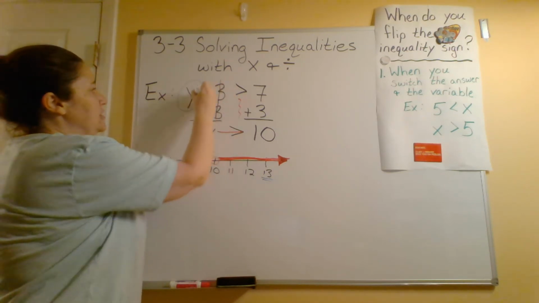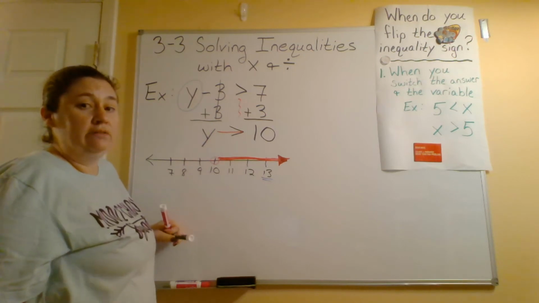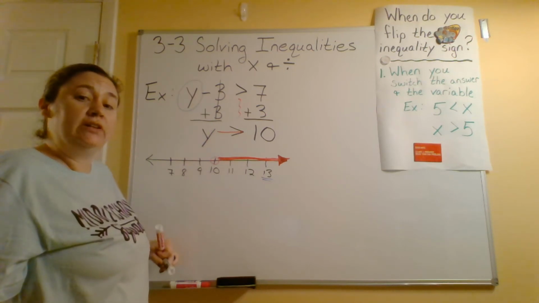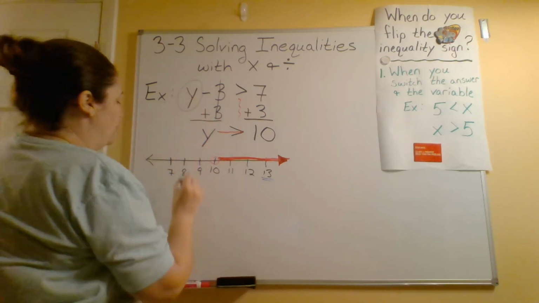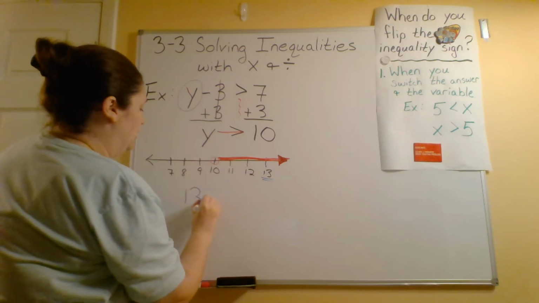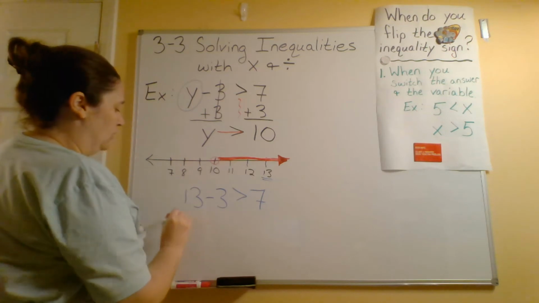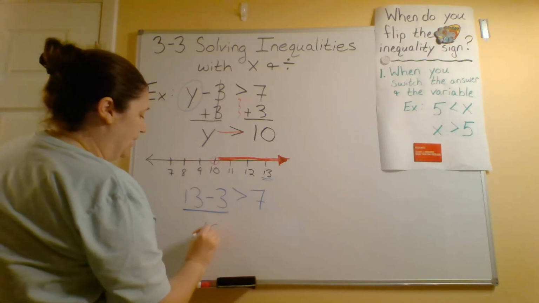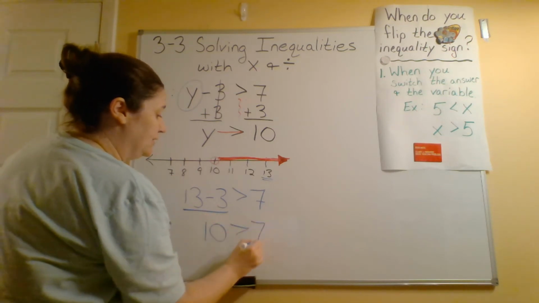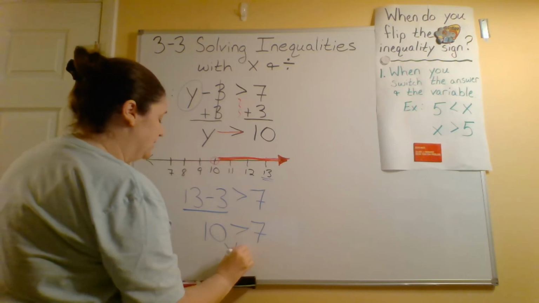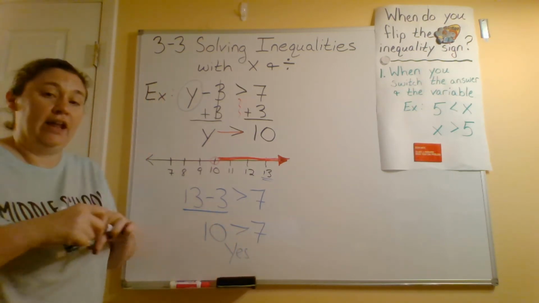So if I put 13 right here where y is, the inequality should be true. So if I put 13 there, this will say 13 minus 3 is greater than 7. Well, 13 minus 3 is 10. Is 10 greater than 7? Yes, it is. That's how to check your answer.